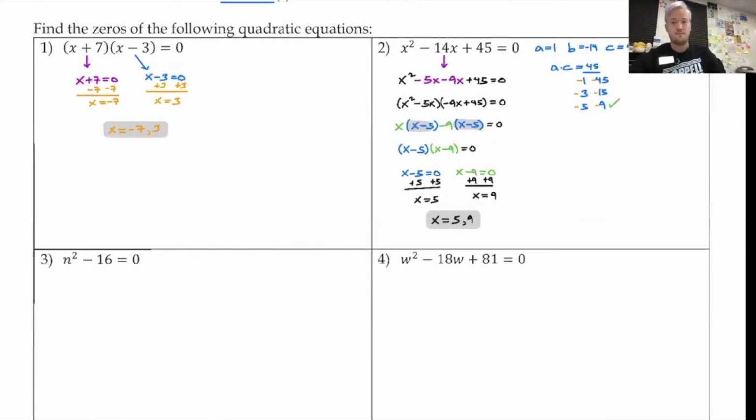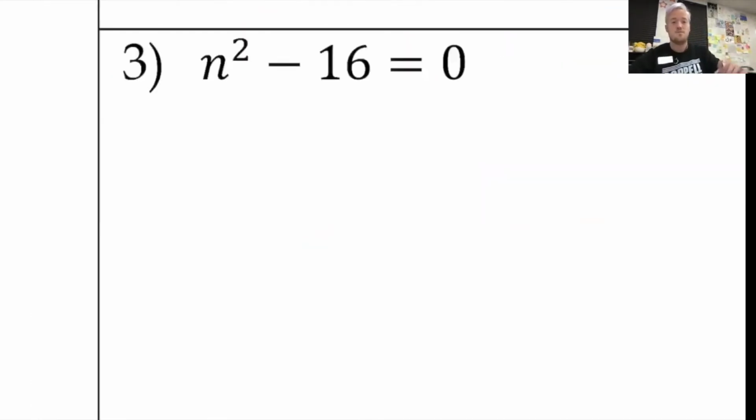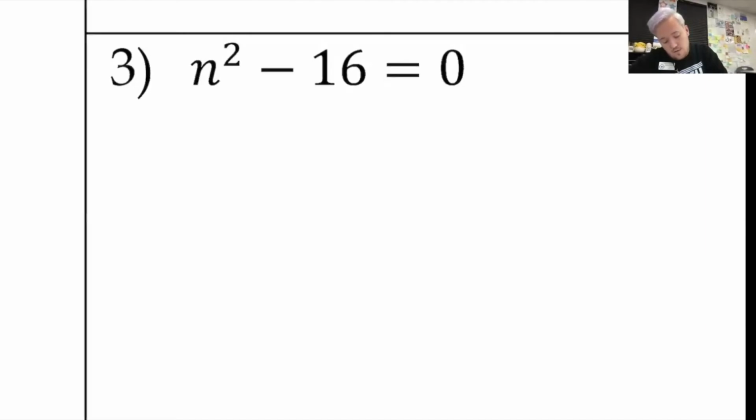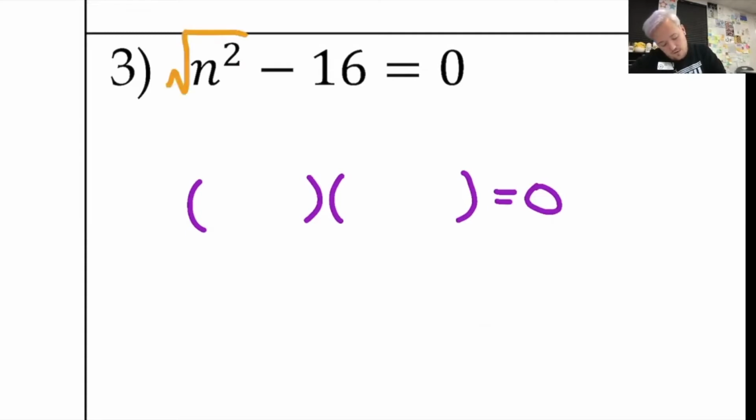All right. So now for this next part, number 3, we have a difference of squares here. If you remember your difference of squares, what this means is I want to take these two binomials, and the first term is going to be the square root of the first, which is n.